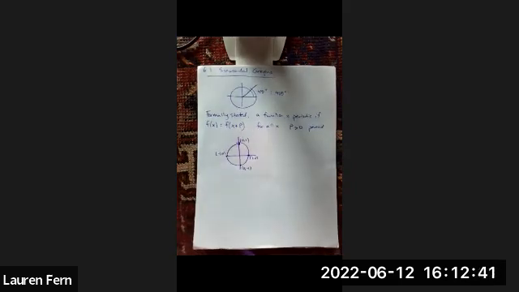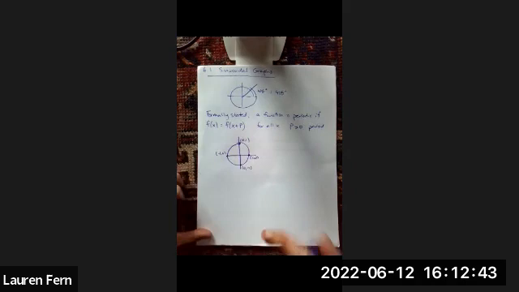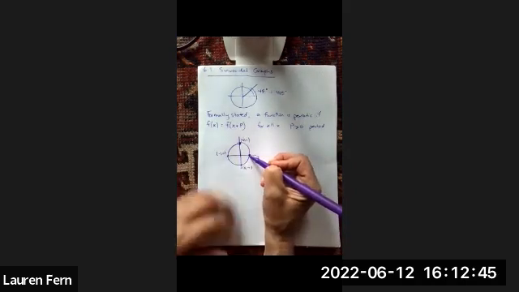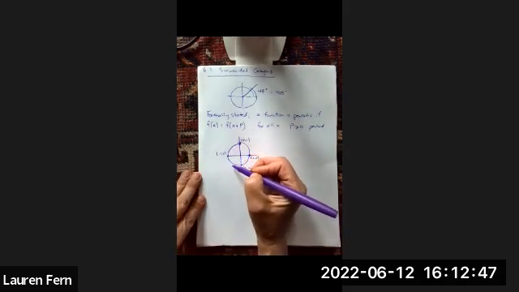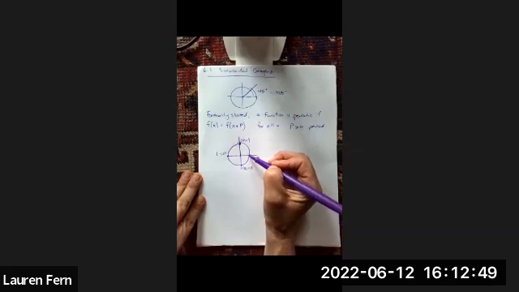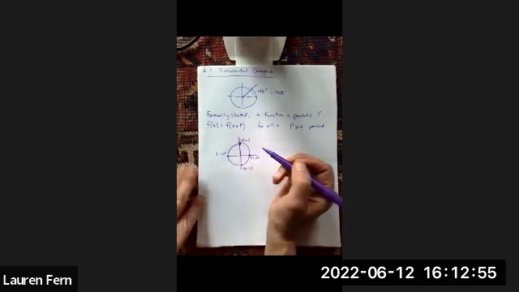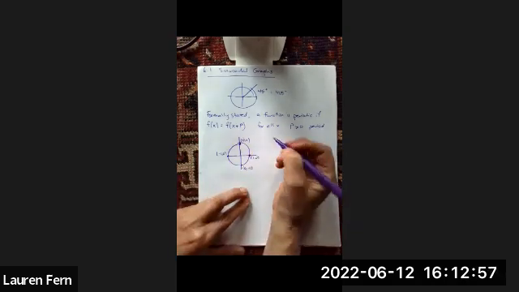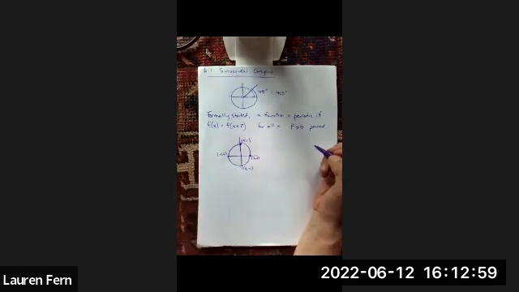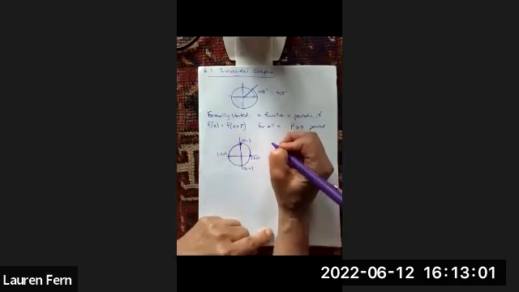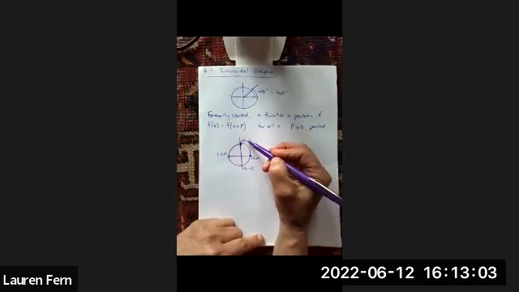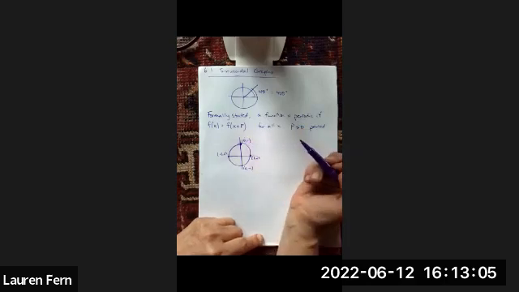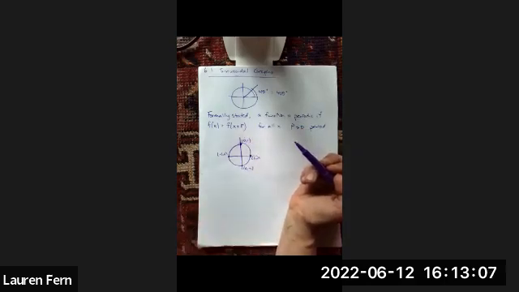Okay, so what I want you to recall is, notice we go around in the positive direction, that's counterclockwise. We can talk about going in the negative direction. That just means that we are going clockwise. Now, the other thing that I want you to recall is that on a unit circle, your sine is your y value and your cosine is your x value.